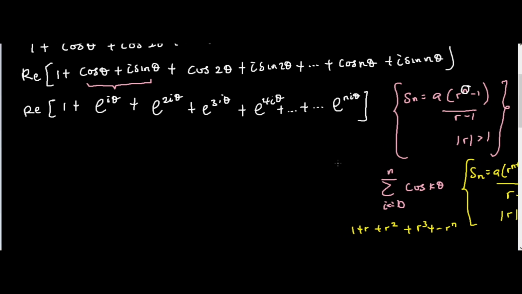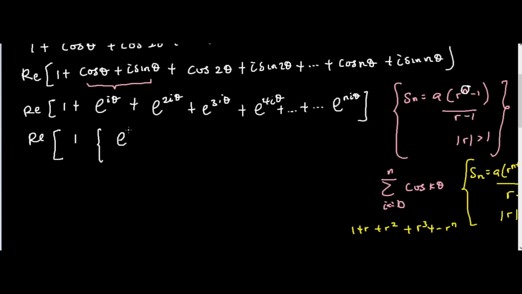So then I would have the real parts basically of, so what's my first term? Now my first term is 1, right? That is my a. Then my r, what's r here? Obviously my r is e raised to power I theta. That's n actually.